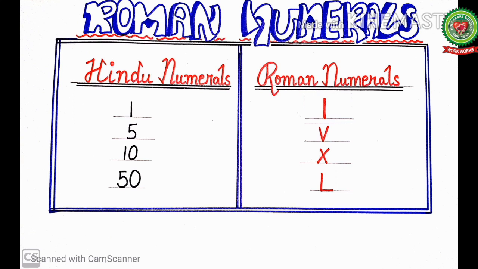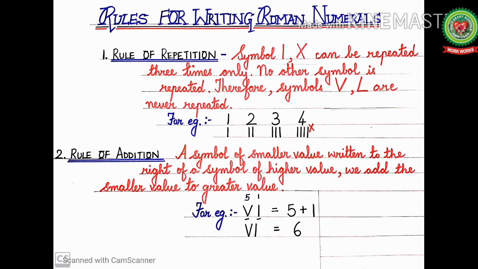We have learned the four main symbols of Roman numbers, that is 1 as I, 5 as V, 10 as X and 50 as L. Then we have learned the rules for writing Roman numbers. First, the rule of repetition, where I and X can be repeated only 3 times, whereas V and L are never repeated.